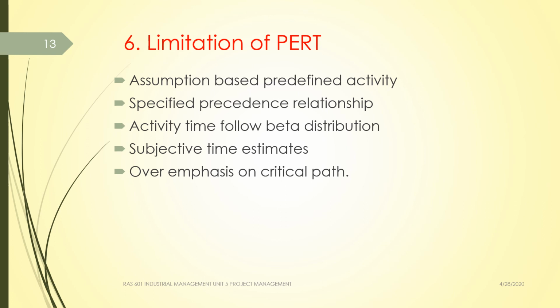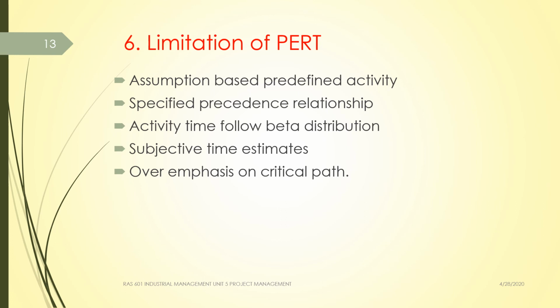And last is overemphasis on the critical path. Yes, by drawing the network diagram, we can find out the different estimations in terms of the minimum time taken to complete the project, the maximum time taken to complete the project, and other normal time variations within which the project can be completed.